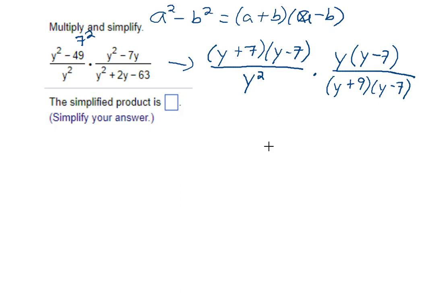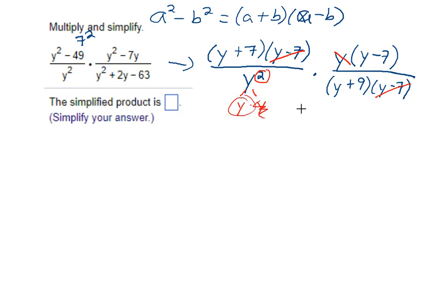And so, for example, I can cancel out this y minus 7 over here on the left-hand side with this y minus 7 on the bottom on the right-hand side. As long as one's on top and one's on the bottom, they can be canceled out. Same thing here. This y can be canceled out with one of these y's here. So think about this. The exponent of 2 means you have y multiplied by itself twice. We can cancel out one of them, and so we'll still have one left over.